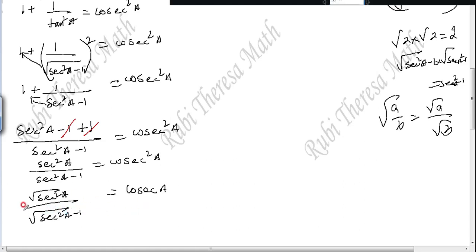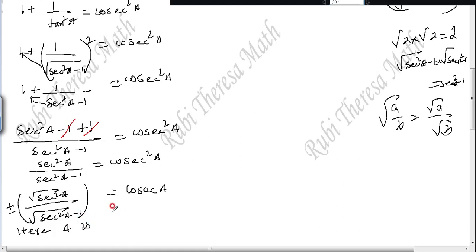What is it actually? Plus or minus. Understand? But what have we told you? A is acute, isn't it? Here A is acute.